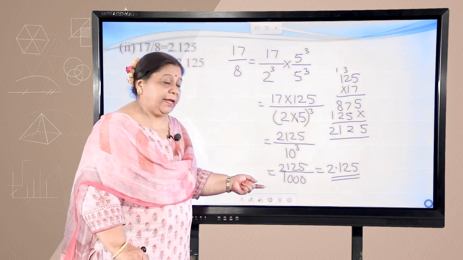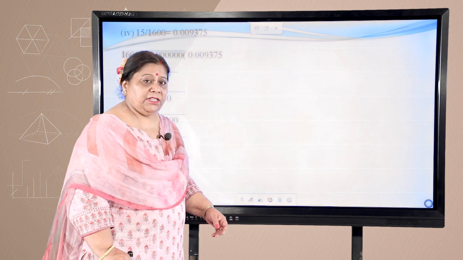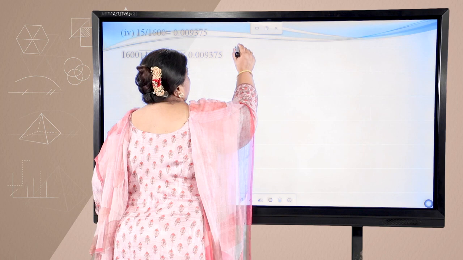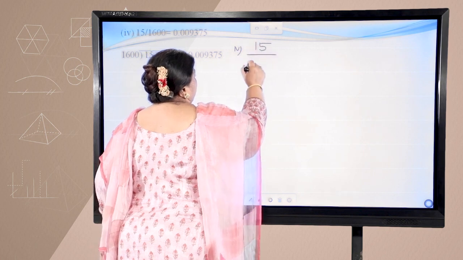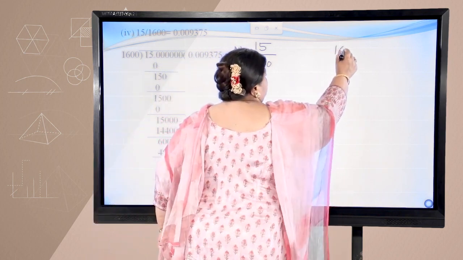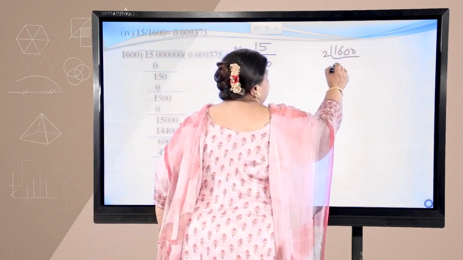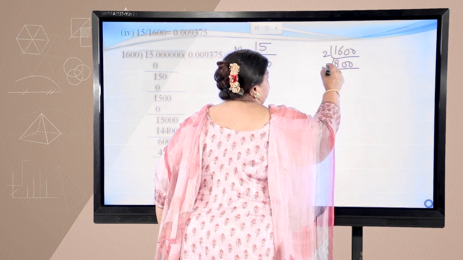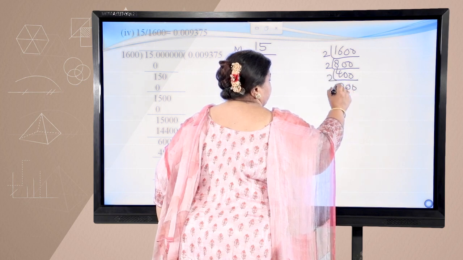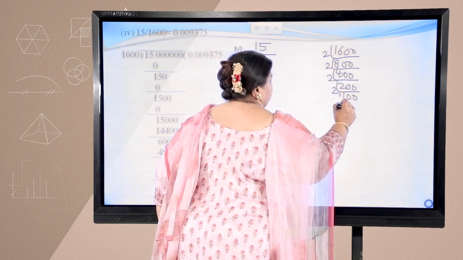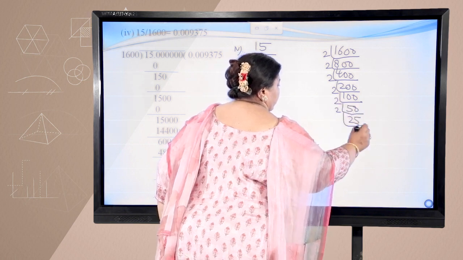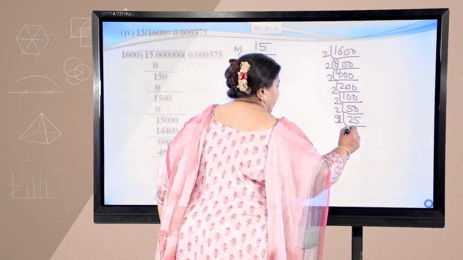Now, let us go to the next part. We have 15 divided by 1600. Now, 1600, let us find the prime factors.